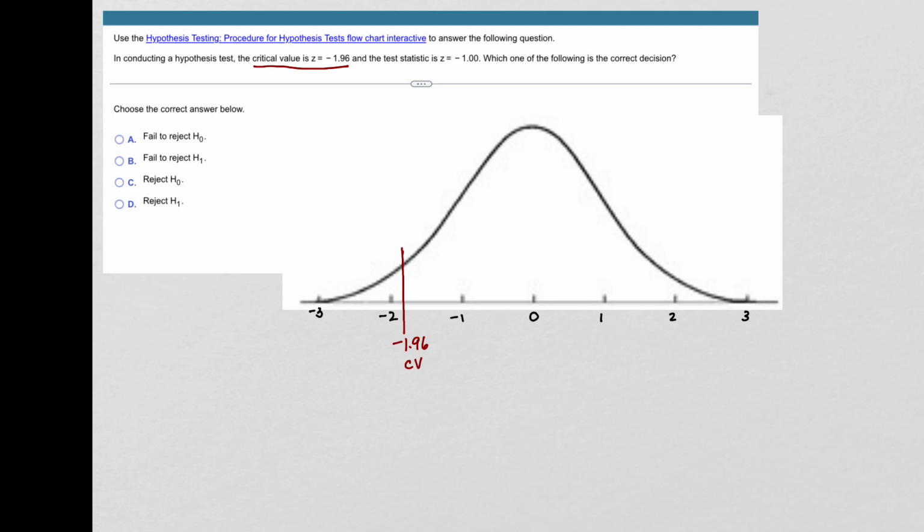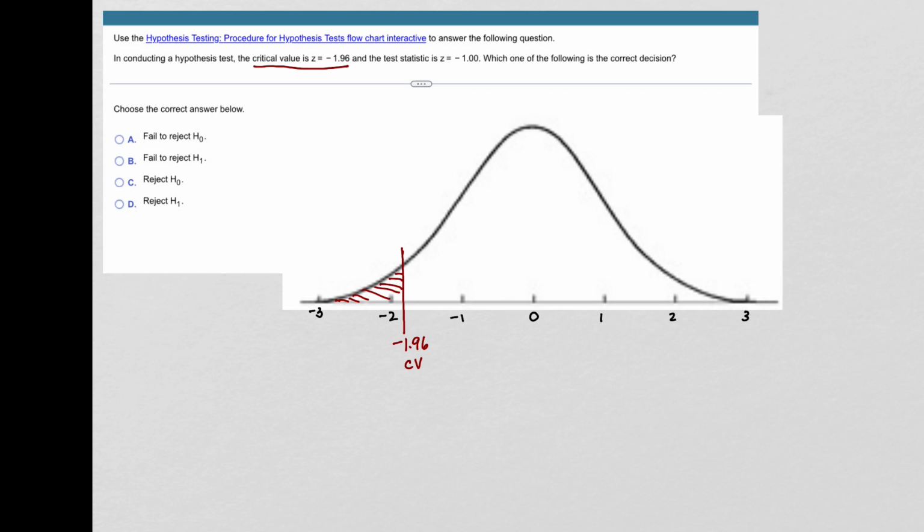So the critical value tells me that if the test statistic falls into the tail past that critical value, because they didn't tell me what the alternative hypothesis was, so I don't really know originally whether this is a left tail, a right tail, or a two-tail test, but they told me the critical value, so there's one, and it's on the negative side, so that would make this a left tail test.